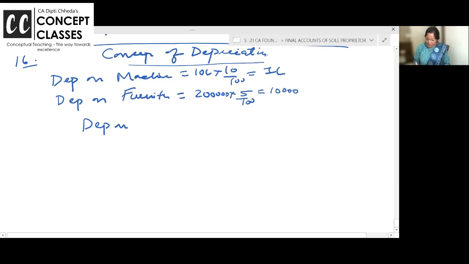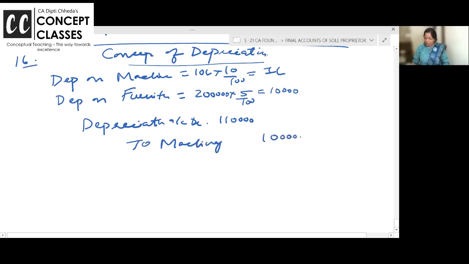Depreciation account debit 1,10,000 to machinery. मशीनरी कितना रिड्यूस करेंगे? 1 लाख. To फर्नीचर कितना रिड्यूस करेंगे? 10,000. मशीनरी you reduce by 1 लाख. फर्नीचर you reduce by 10,000.